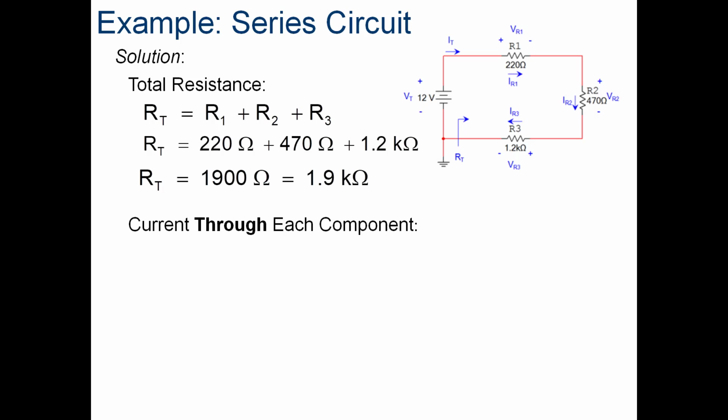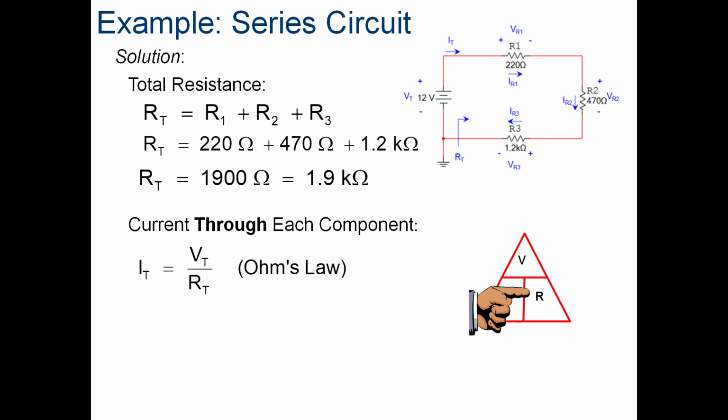Now the current through each element is IT. IT is VT divided by RT, or 12 volts divided by my equivalent total resistance. What I get is, sorry, 0.0063 amps, or 6.3 milliamps.